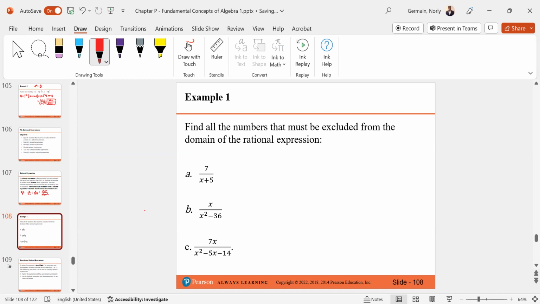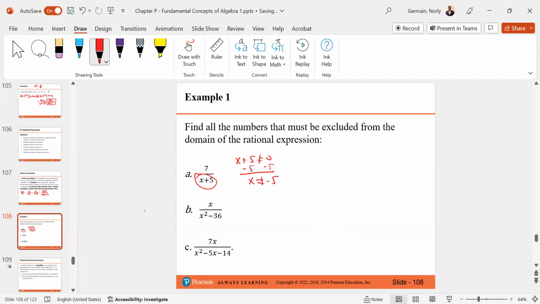Now, for the rational expression in part A, what would make the denominator equal to zero? You can just say x plus 5 equal to zero, subtract 5 from both sides, and x cannot be equal to -5, right?